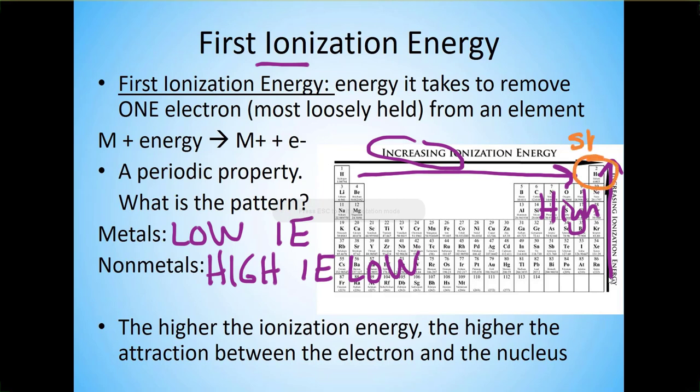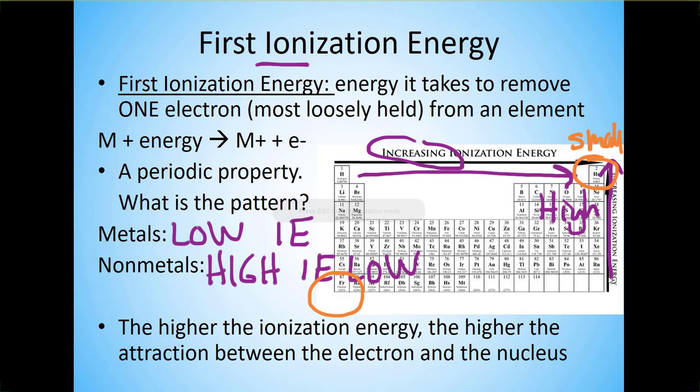So very, very small atoms here, and the largest atom that we have is francium. And so if you notice, the trend of smallness follows the first ionization energy. And that's because the smaller the atom, the closer all the electrons in that small atom are to the nucleus. And so to rip one away from the nucleus, it's going to take more energy. And that's what we're looking at with ionization energy.